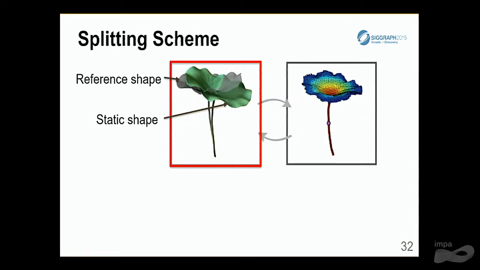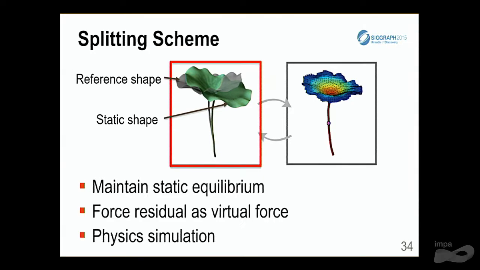And so here you have a static shape, and you want to somehow remove the effect of gravity and obtain the reference shape, because then you need to use the reference shape for the remaining differential equation. We had the reference shape there in the differential equations. And so the idea here is to maintain static equilibrium. It's actually special, and again, we play with the force.